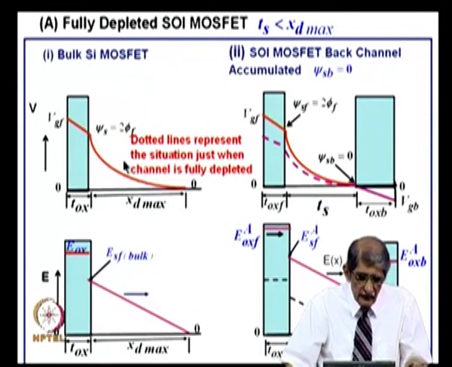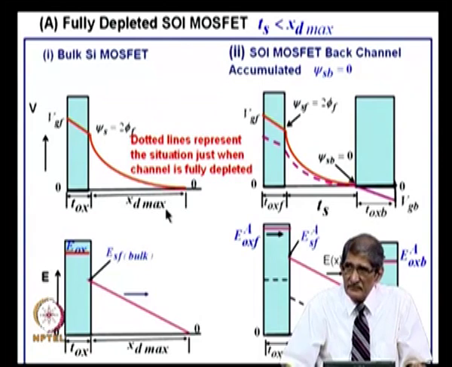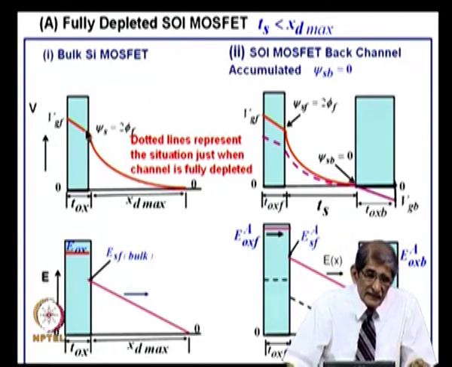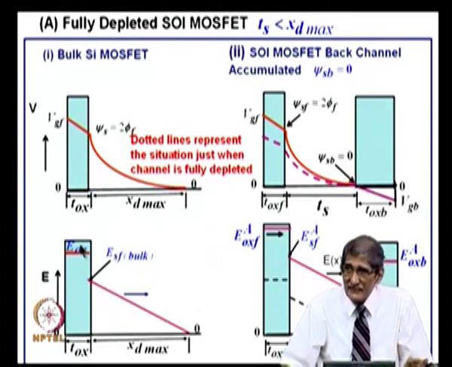So, you have the potential as 2 phi_f at the surface, the electric field is linear and the integral of that will give a parabolic term. So, the voltage drop in silicon will decay parabolically, that is going back to basics, and the potential is continuous. In the oxide there is a voltage drop, the electric field is constant because there are no charges.